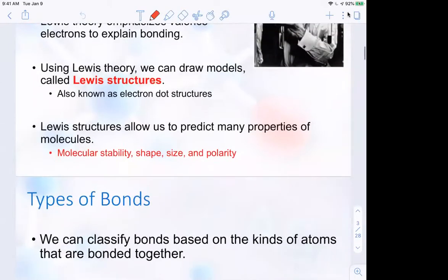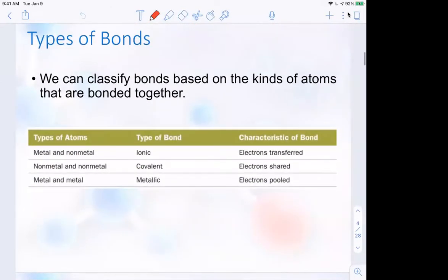and polarity. Now, just as a review, there are three different types of bonds, and they include ionic bonds, which are between a metal and a nonmetal. Remember, the characteristic feature of this type of bonding is electrons are fully transferred from one element, usually a metal, to another element, usually a nonmetal.